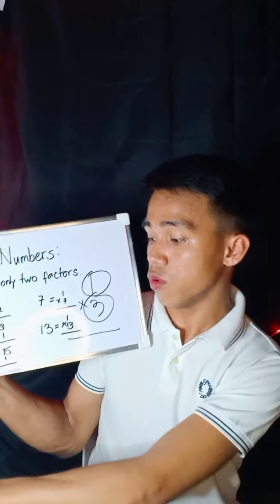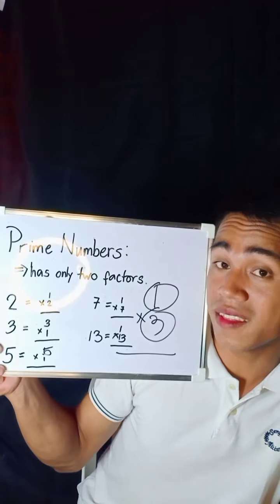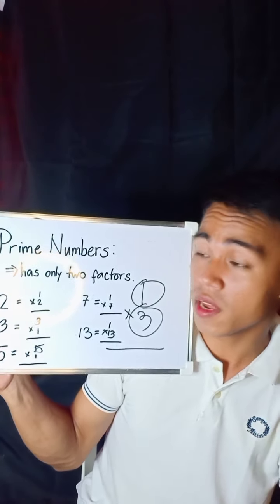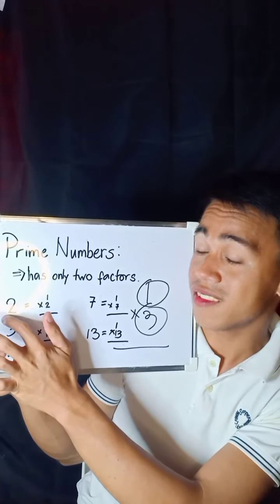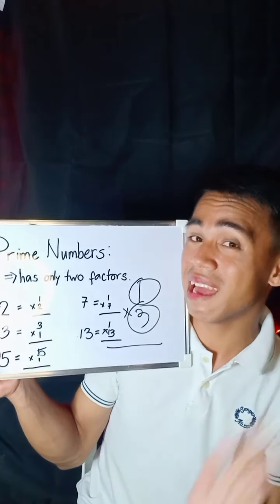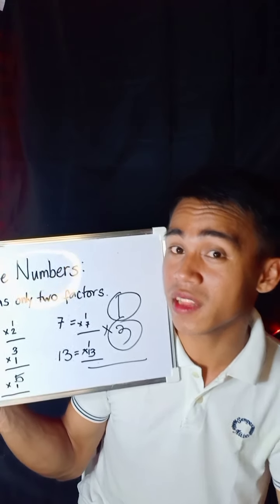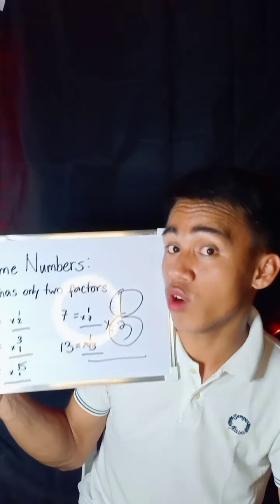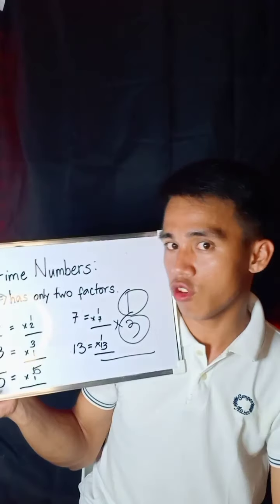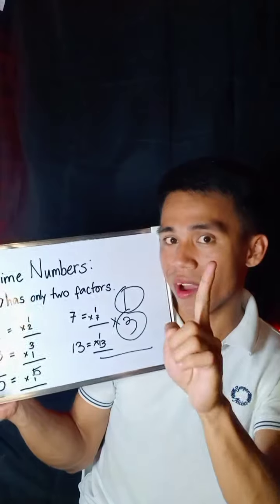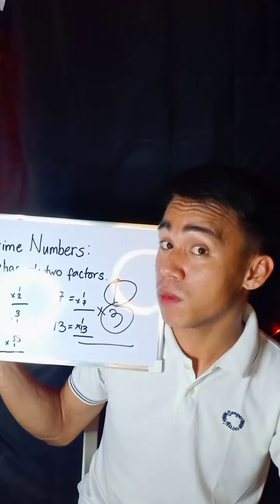So we have only two factors, the number itself and 1. For 2, there is no other number you can multiply to get 2, except addition, but this is multiplication. So you have to use the number itself and 1. So that is a prime number. It has only two factors.